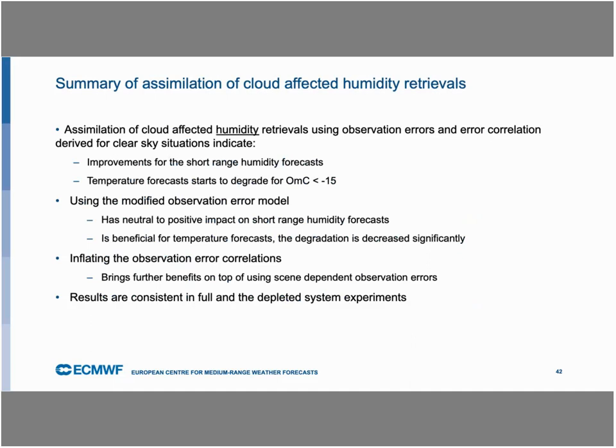But this can be improved by using the modified observation error model and error correlations. And the good thing here is also that the results are consistent in full and depleted system experiments. So here I only showed the depleted observing system experiments, but we saw positive impact also in the full system experiments, which is quite nice.